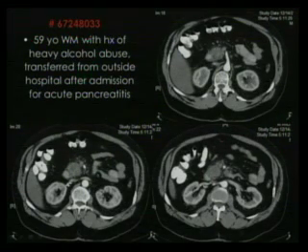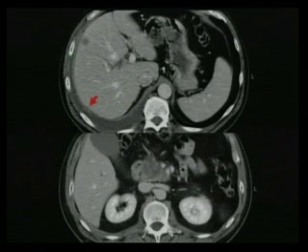This is a pancreatic tumor at the level of the head, contacting the SMV and also showing multiple lymph nodes. These are lymph nodes that can be resected when they are resected en bloc.